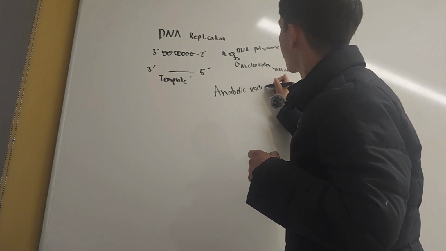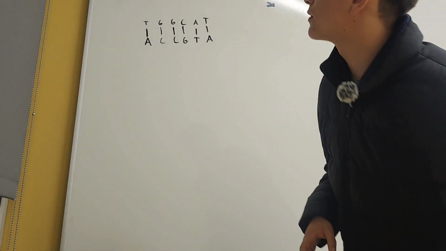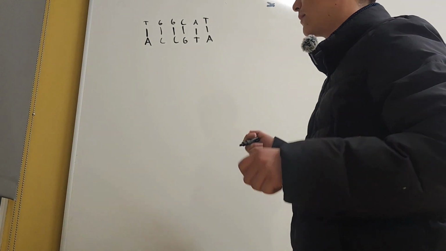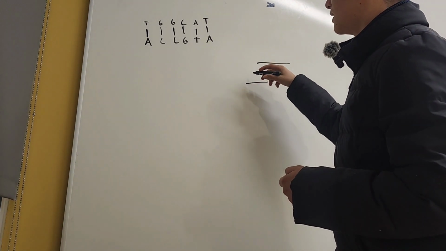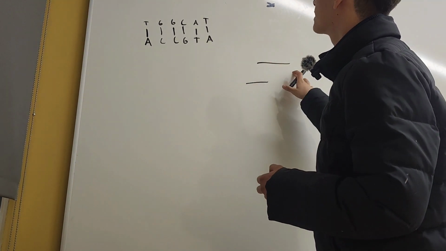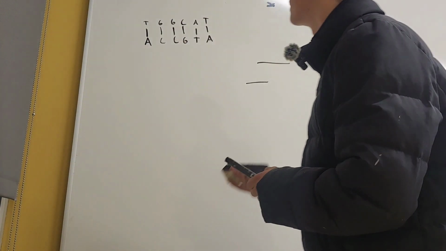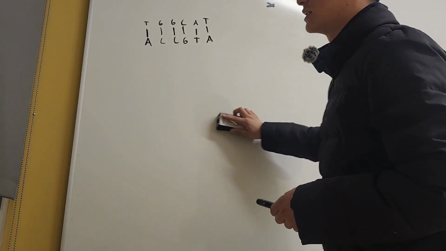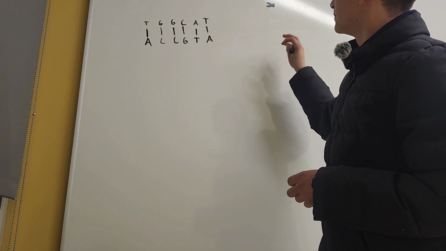I'm going to go over all of what DNA replication is, but for DNA replication there are going to be two strands, right? And after that, the polymerase is going to come and everything. But for that to happen, helicase is going to unzip the hydrogen bonds between the two strands.